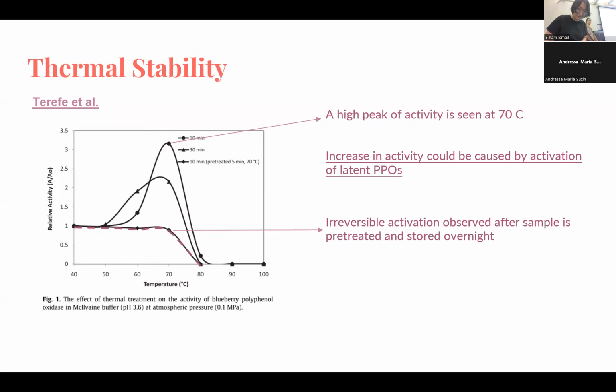And irreversible activation was observed in this reaction. What the authors did was pre-treat the enzyme for 5 minutes at 70 degrees, store that sample overnight, and then run the 10-minute treatment. And what they found was that it still reacted. So they concluded that this activation of the enzyme is irreversible.